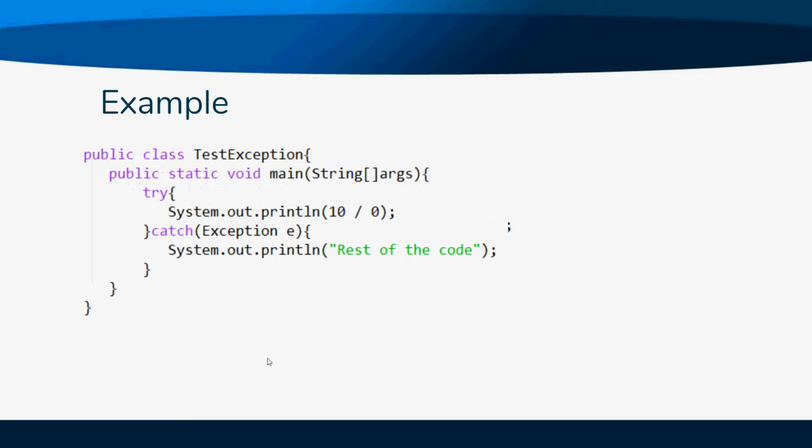In this situation, I've got the same exact situation. I'm still dividing 10 divided by 0, which is illegal. It's still going to be dangerous code. It's going to crash my program. But in this situation, it's still going to print out this statement because it's in our catch. It catches the exception and can continue on with our program.